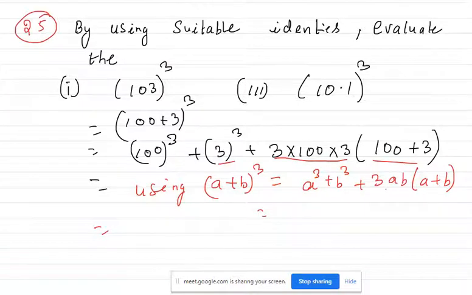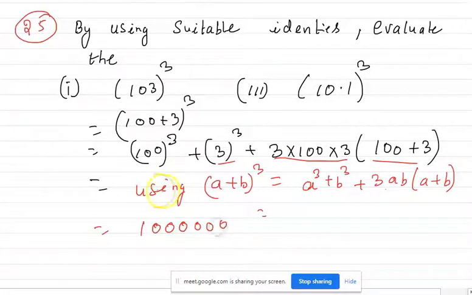Now we will solve. 100, this will be how many 0s? 1, 2, 3, 4, 5, 6. This I am cubing. Plus 3 cube means 27, plus 3 3s are 900.